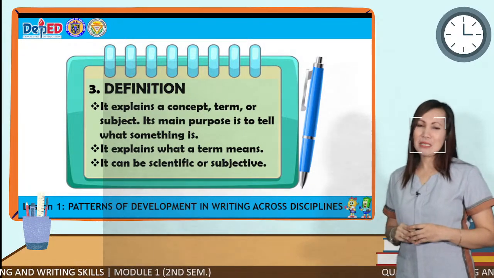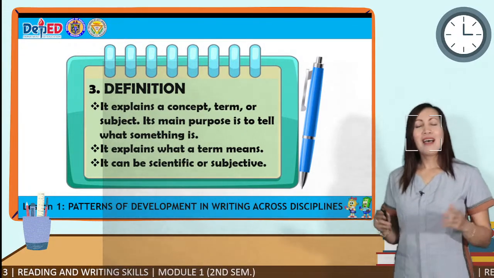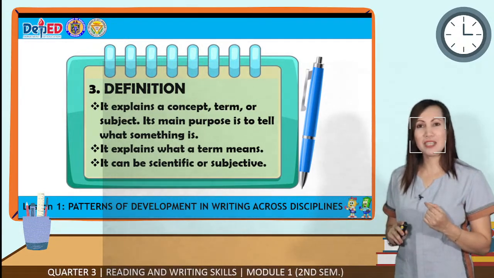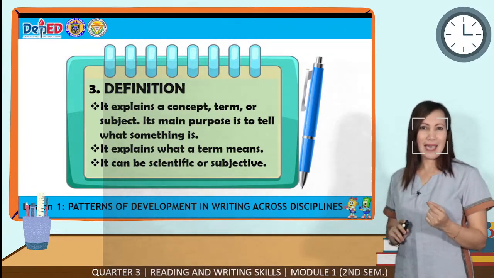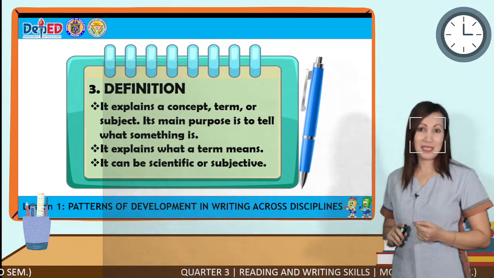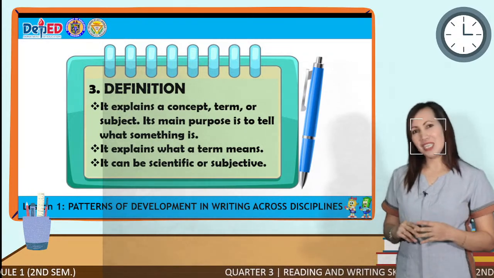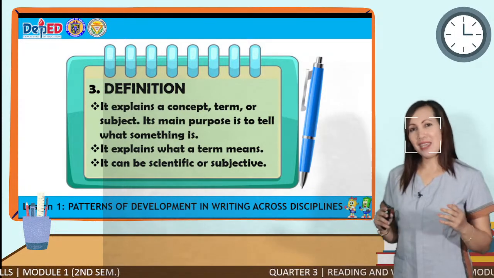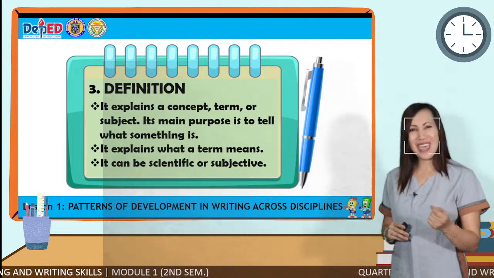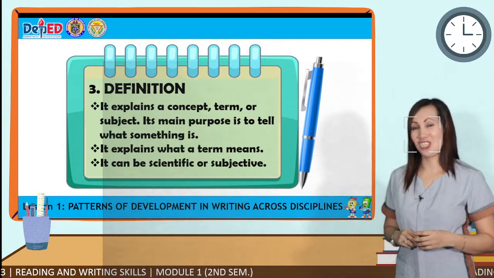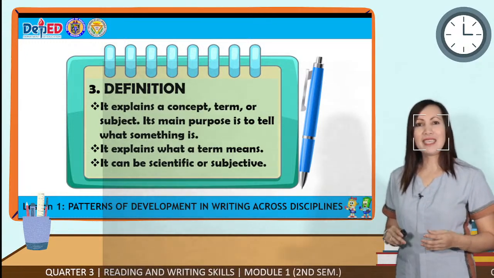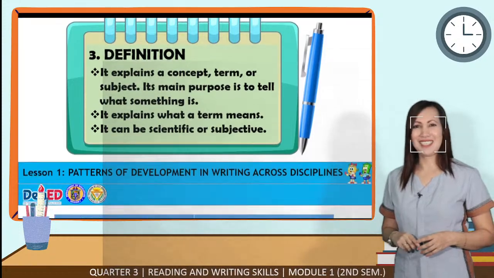Most teenagers would answer, love is a deep feeling, or an intense feeling of deep affection. When they define love that way, they are giving the scientific definition. But when teenagers would answer, love is like a rosary that is full of mystery, well, they are giving the subjective definition. So definition pattern is commonly used in business, sciences, and in humanities.